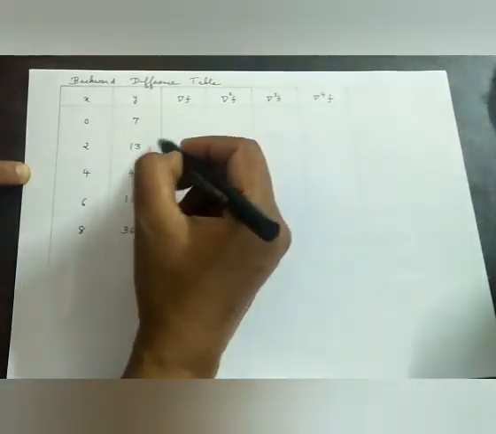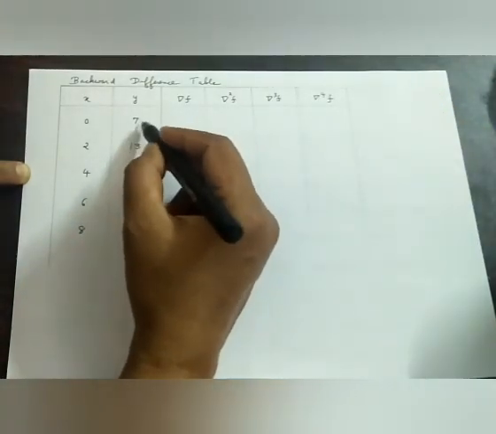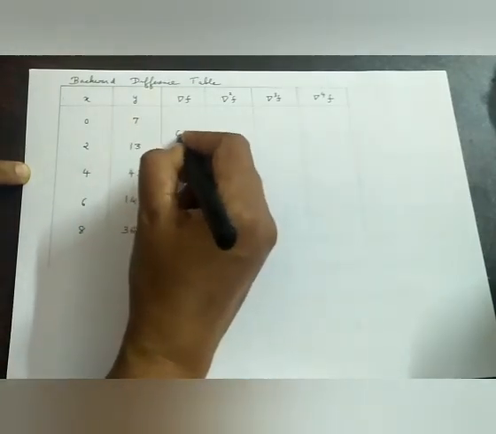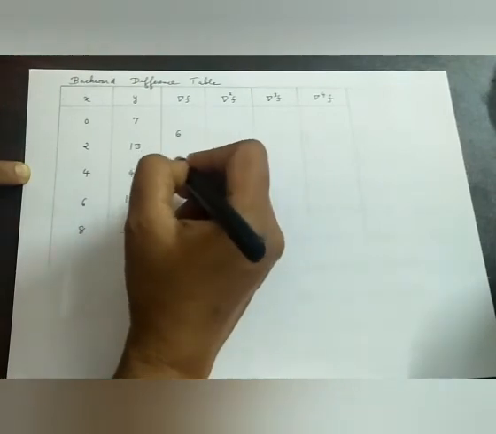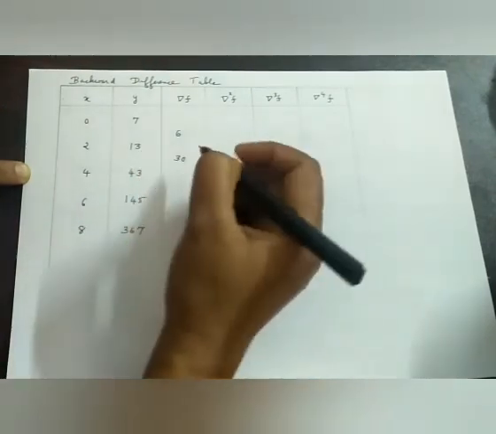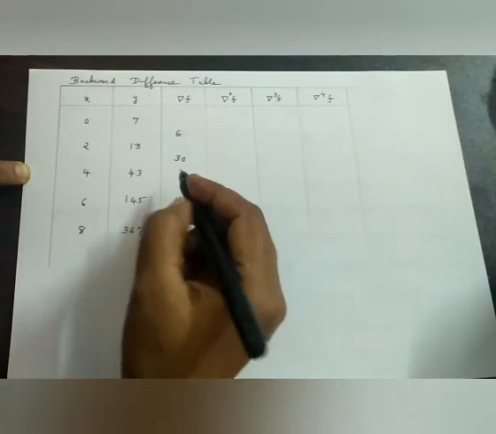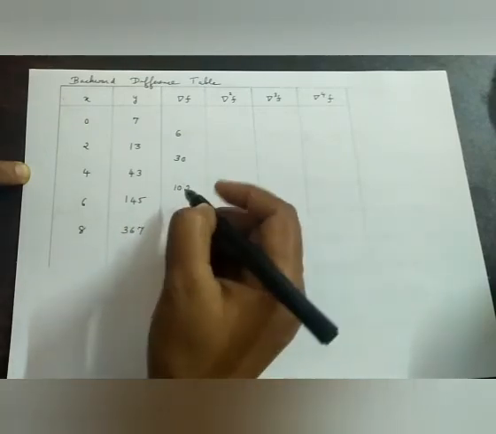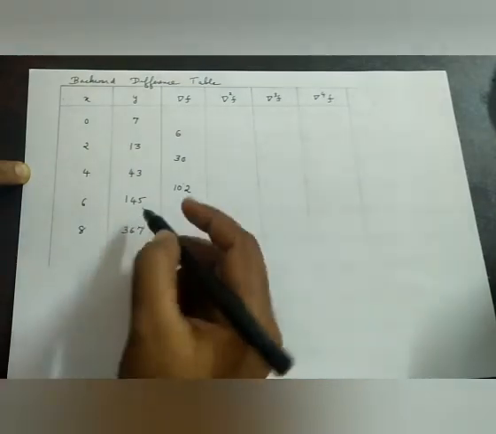The first backward differences are the differences of the y values, that is 13 minus 7, 6. Now 43 minus 13, 30. 145 minus 43 is 102.